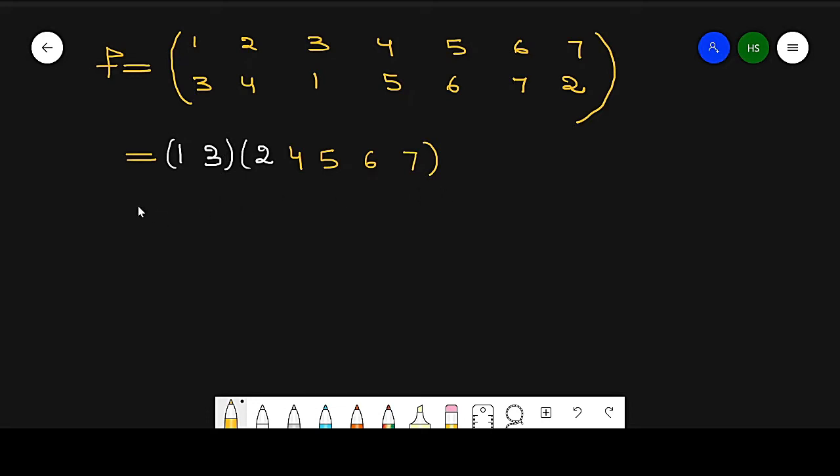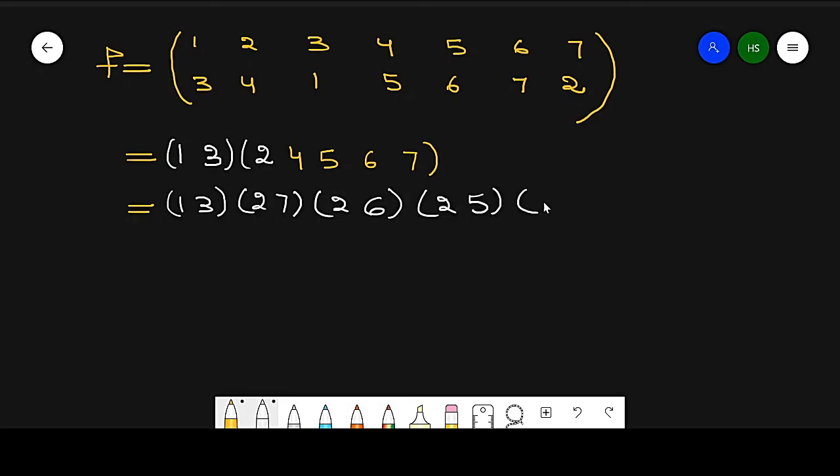Now this can be written as a product of transpositions. First transposition: I write 1 and 3. Next, 2 with 7, 2 with 6, 2 with 5, 2 with 4.